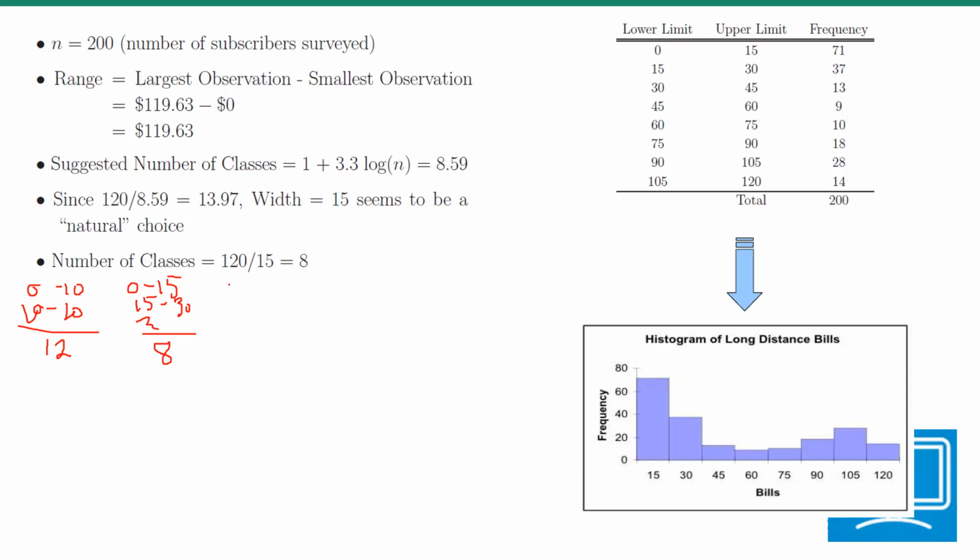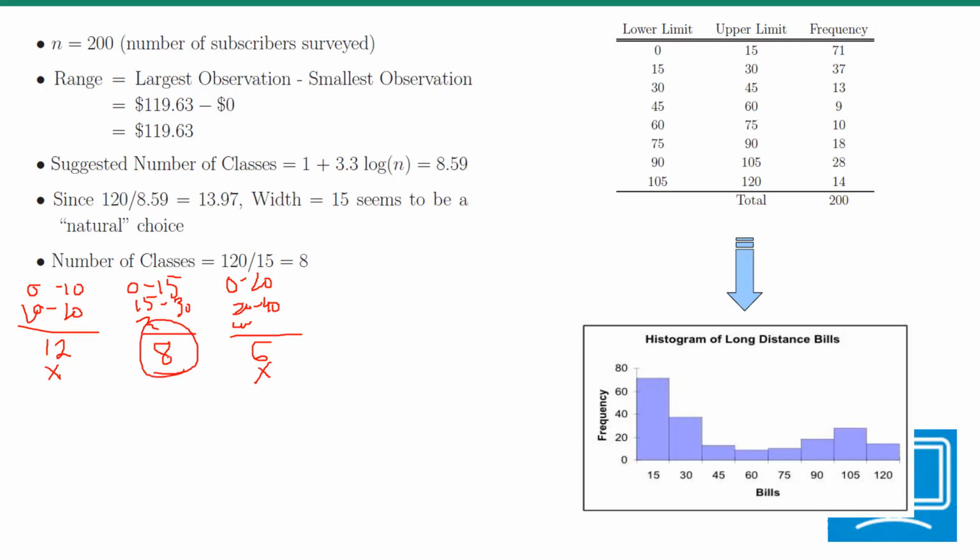Then you have the choice of doing 0 to 20, 20 to 40, 40 to 60, and so on up to 120. You get 120 divided by 20, which is about 6 bins. So this is too few, and maybe 12 is too many, so 8 is our preferred.